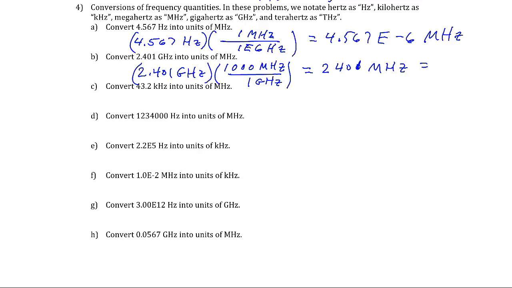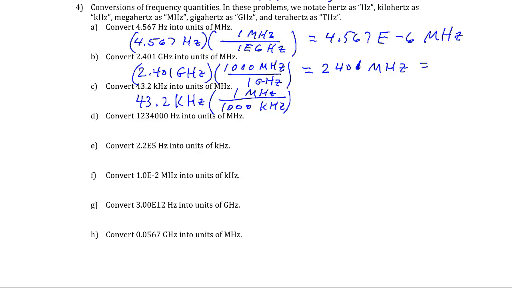Okay, part C says 43.2 kilohertz in the units of megahertz. Now I want to convert that to megahertz, so I say that 1,000 kilohertz is equal to 1 megahertz.